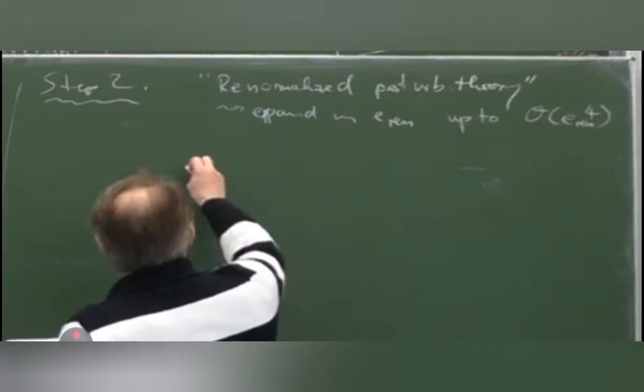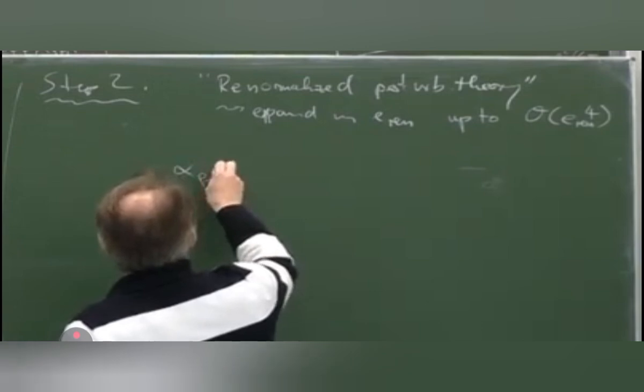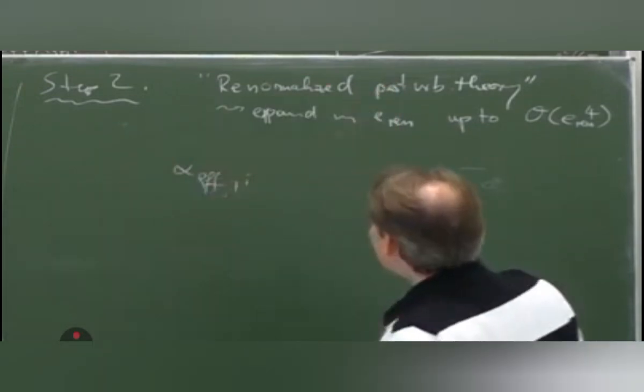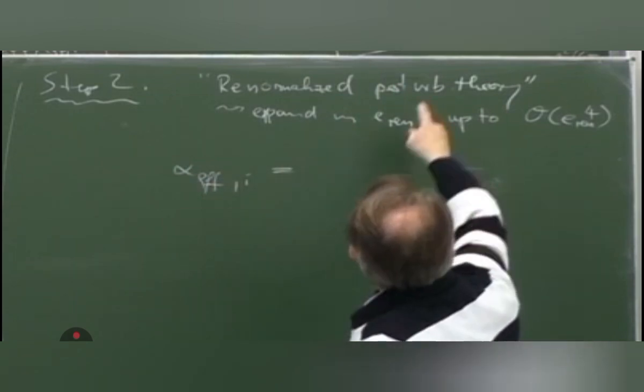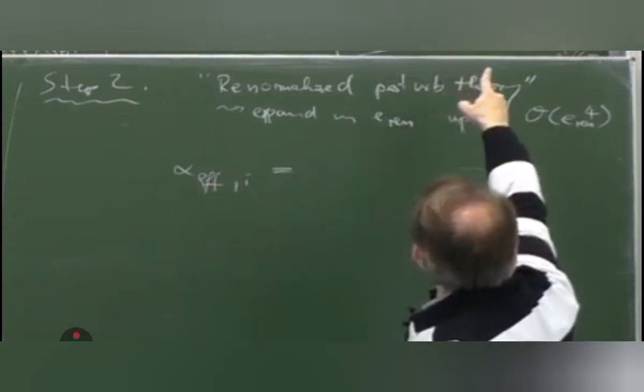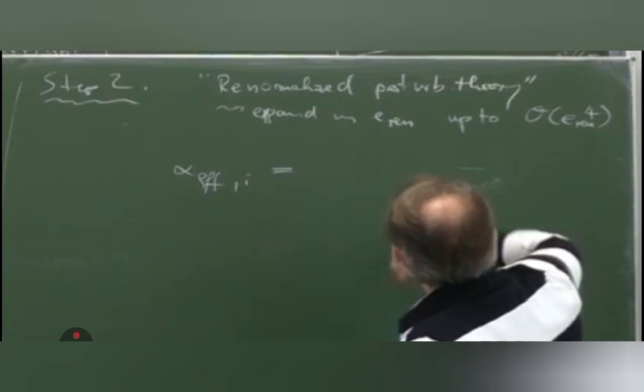So for example, for this alpha effective, for all these different experiments, alpha effective I was originally E square divided by Q square plus pi gamma. Okay, and pi gamma is proportional to E square itself.